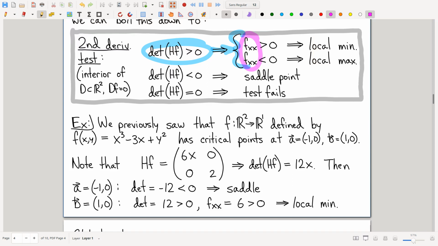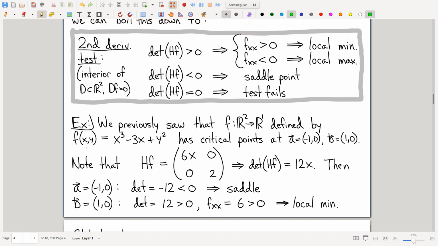And here we get something that is kind of single variable analogous. Positive means minimum, and negative means maximum. Y'all will recognize that from the single variable case. So that's kind of convenient. But this is only relevant if the determinant of the Hessian is positive. Okay. All right. So plug and chug.